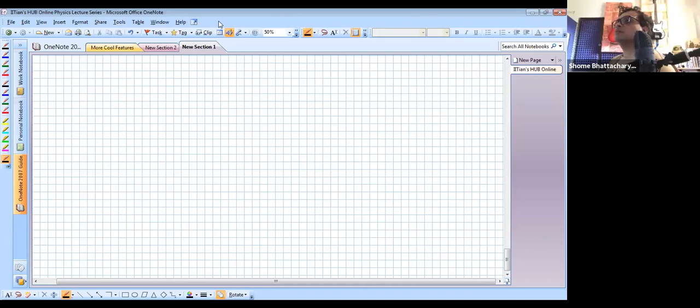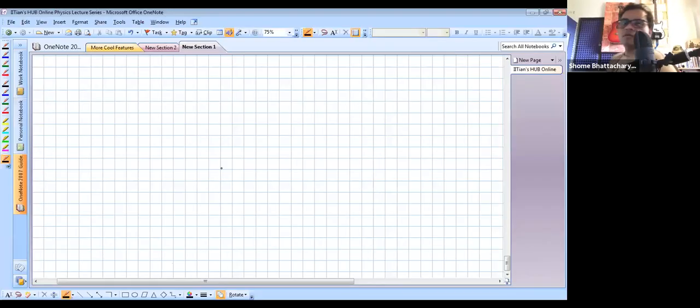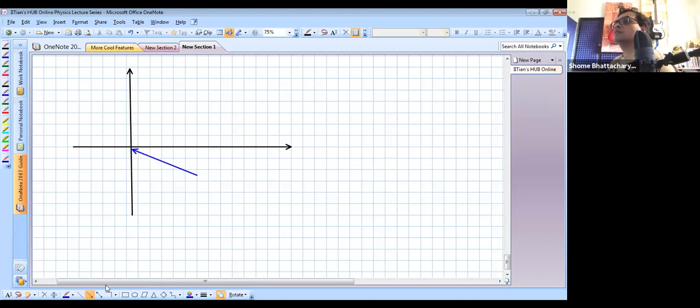So once again, notice that because the vector C was drawn like this, magnitude is 12 and this angle was 30 degrees, whereas vector B was lying in this sort of direction, where it's at 90 degrees to the x-axis and its magnitude was 15.